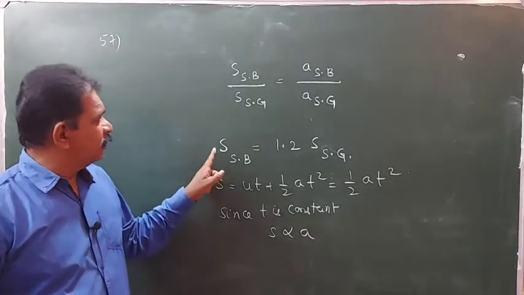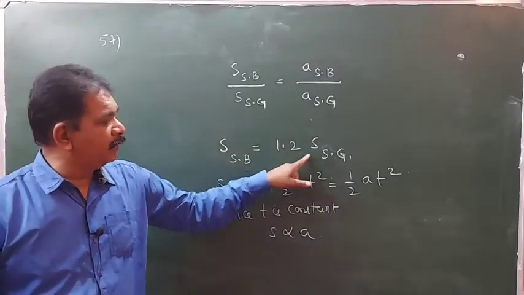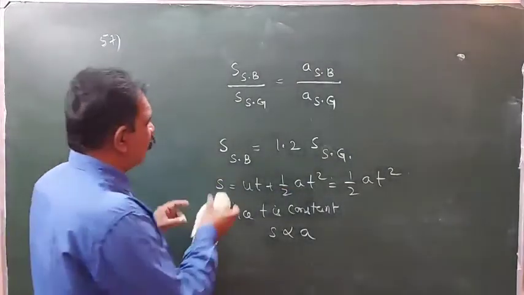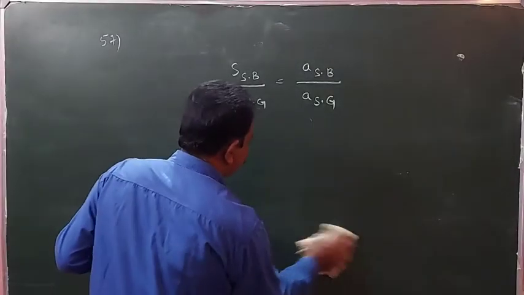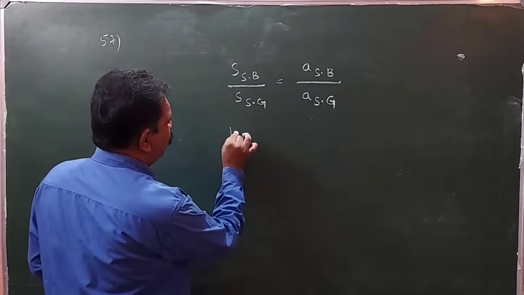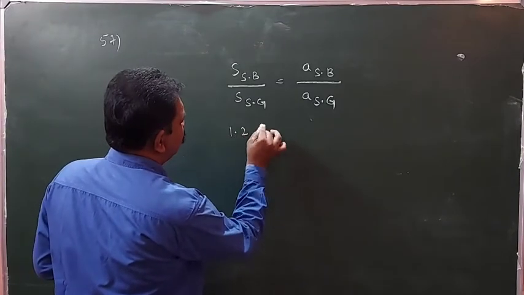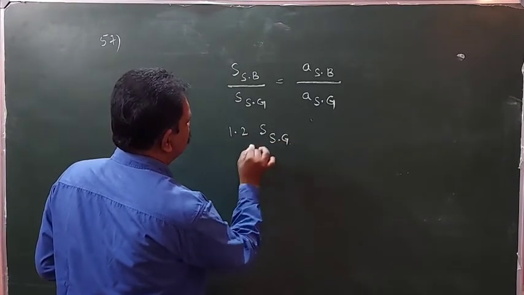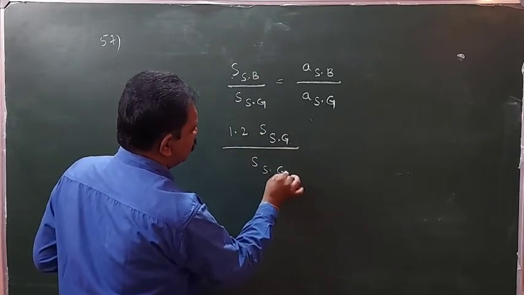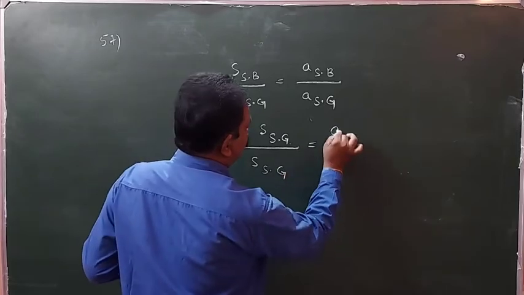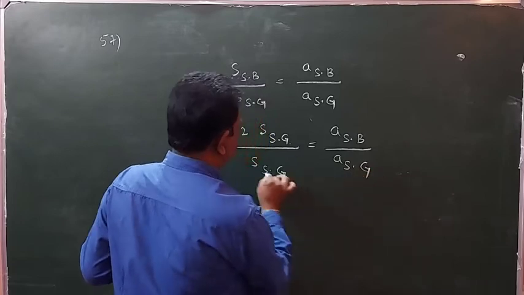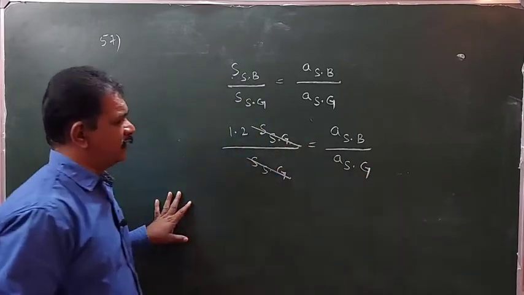So then this is how much? 1.2 S_SG, they gave. So we are substituting that. This will be 1.2 times the displacement of Shotgun divided by the displacement of Shotgun, equal to A Silver Bullet by A Shotgun. This cancels.